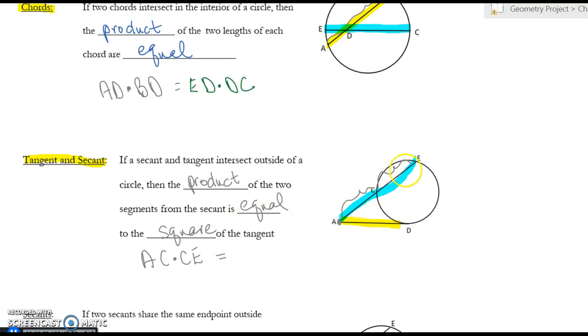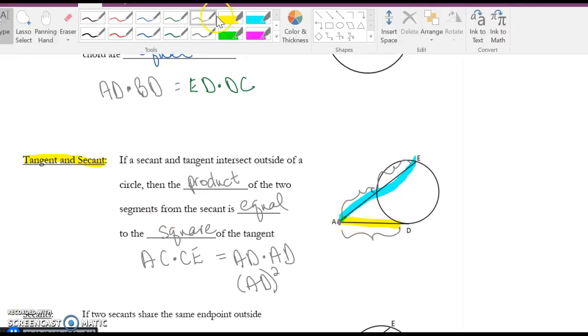I don't have two pieces to multiply here, so I just square it, or I do AD times AD. You can do either of those, okay? So it's first piece, second piece, and then the whole thing.